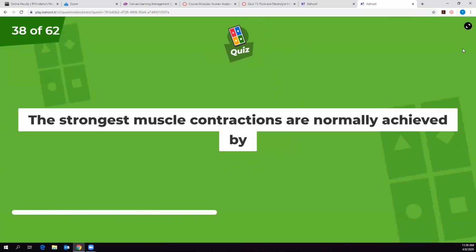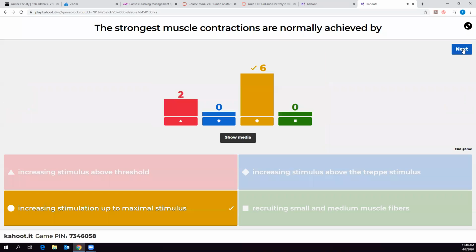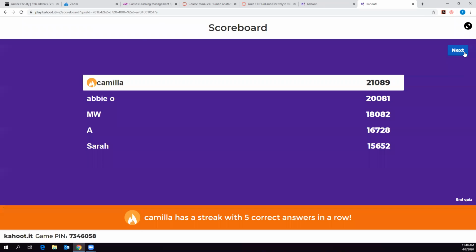Okay, the strongest muscle contractions are normally achieved by, so how are we going to get the strongest muscle contractions? Yes, it is. Okay, so this isn't saying how much above threshold, but up to a maximal stimulus will definitely produce the strongest contractions.